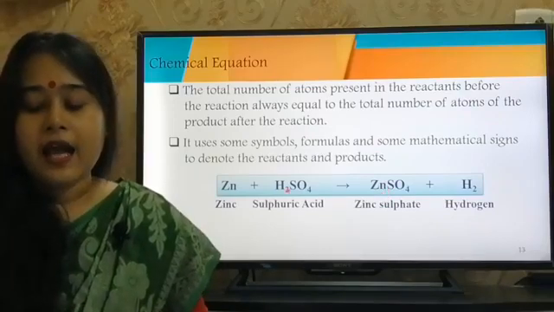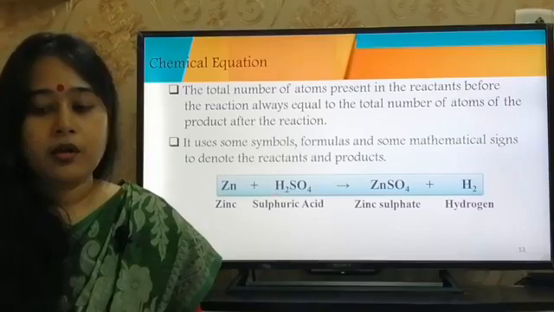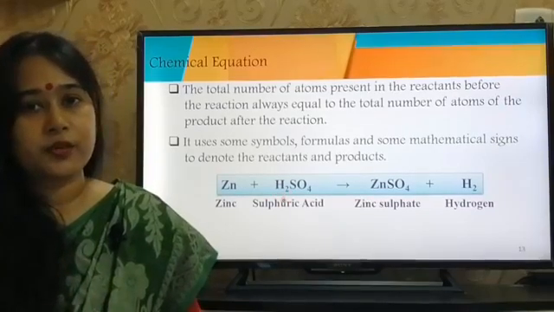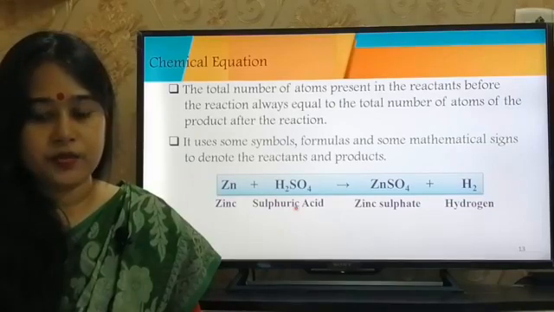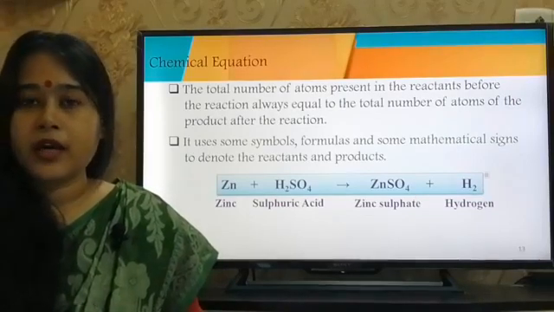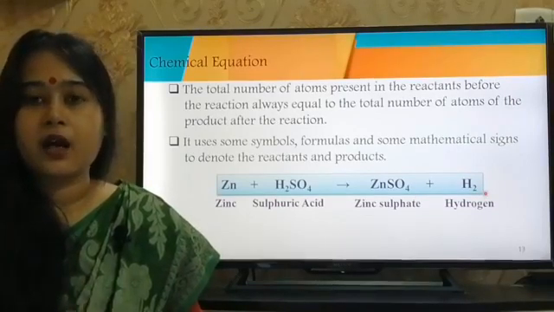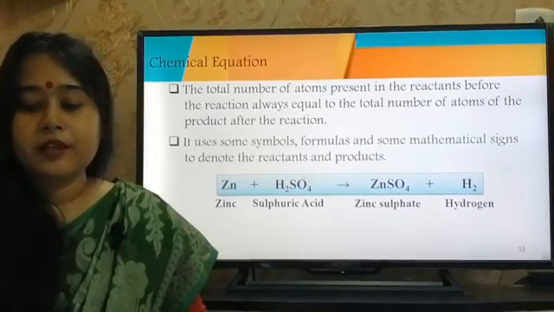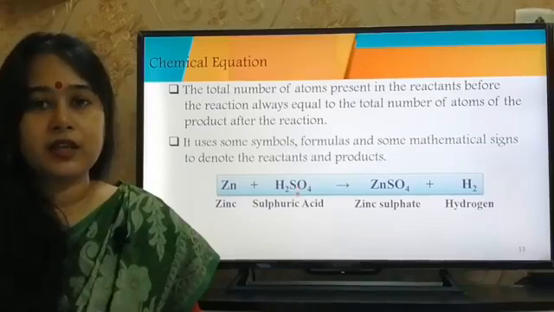And for the reactant side, sulfuric acid, how many hydrogen atoms are there, 2 hydrogen atoms. Here on the product side you can also see there are 2 hydrogen atoms. And for sulfuric acid, how many sulfurs are there, 1.